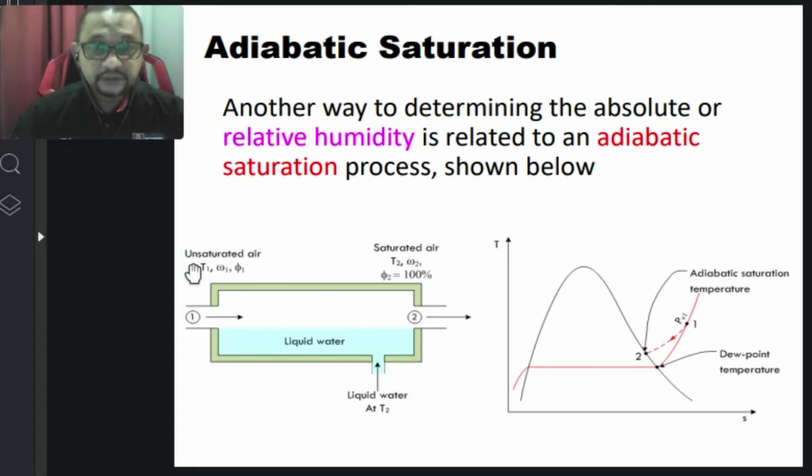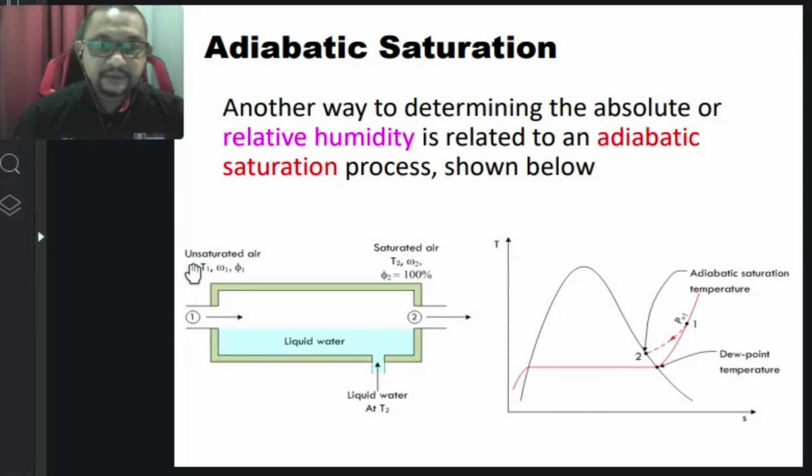The moisture content of the air increases during this process, and its temperature decreases, since part of the latent heat of evaporation of the water that evaporates comes from the air.